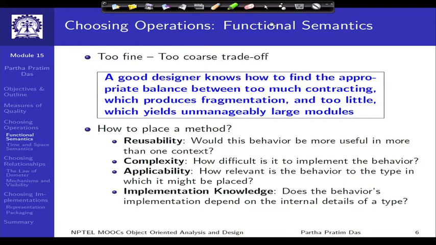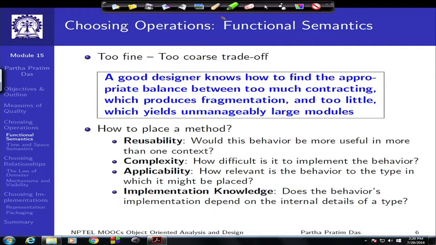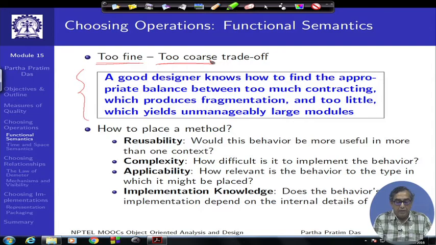In terms of functional semantics, that is what should be the different methods that you provide to the class. There is a big trade-off. These are standard prescriptions from very successful designers, but I will put it in very simple 2-word terms for you to remember. When you are designing operations, when you are designing methods, you have to always make a trade-off between being too fine and being too coarse.